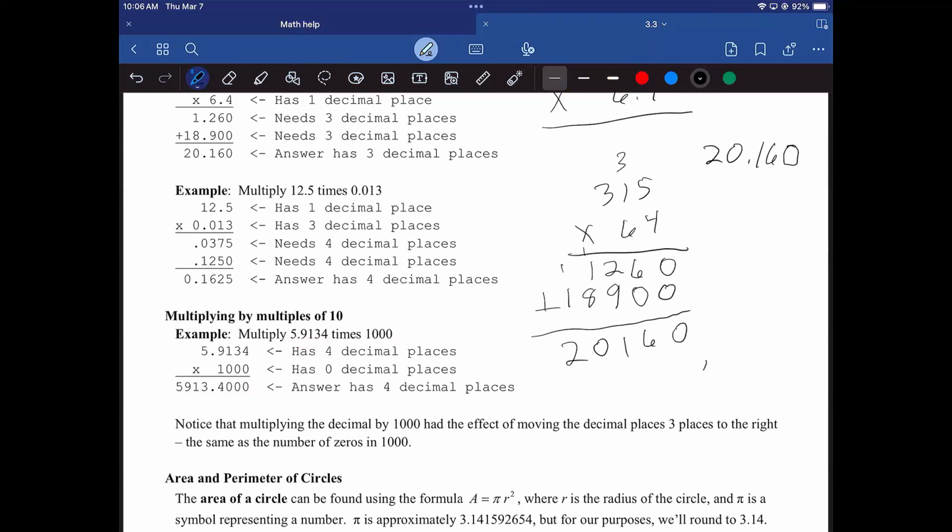So if I have 5.9134, right? And I'm multiplying this by 1,000. I just take that dot 1, 2, 3 places over, I get 5913.4.